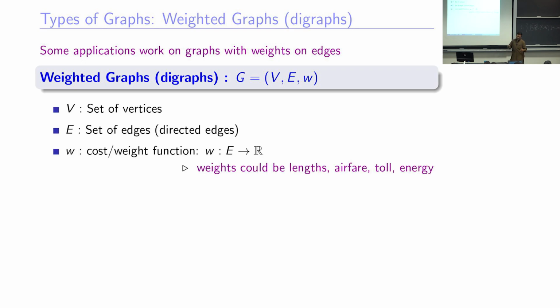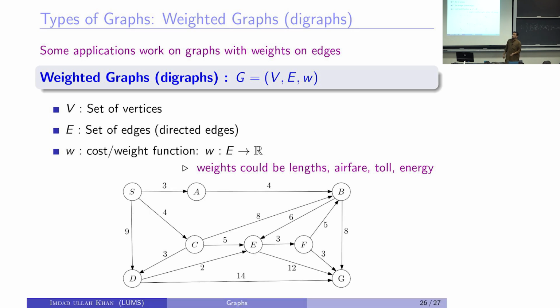V is a set of vertices as usual, E is a set of edges, or directed edges if it's a digraph, and then we have a weight function, or cost function, or fare, or some kind of function that gives every edge some number. Every edge gets exactly one number. It's a function.